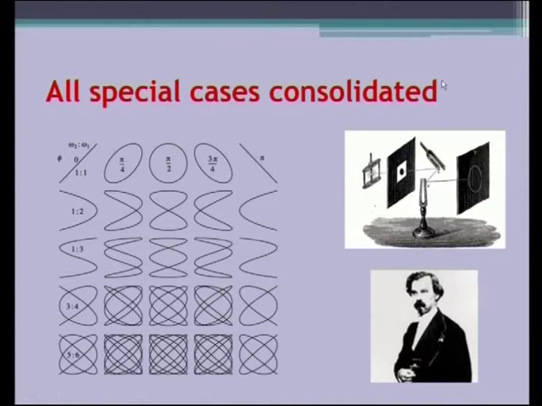He used 2 tuning forks kept in the perpendicular direction like this. One will produce vibration in the x direction, the other one will produce vibration in the y direction. The combination of them will be observed on a plane like this, and it is very difficult to maintain the phase difference.